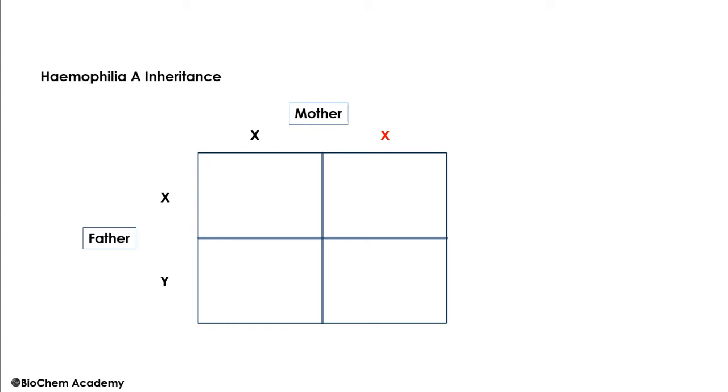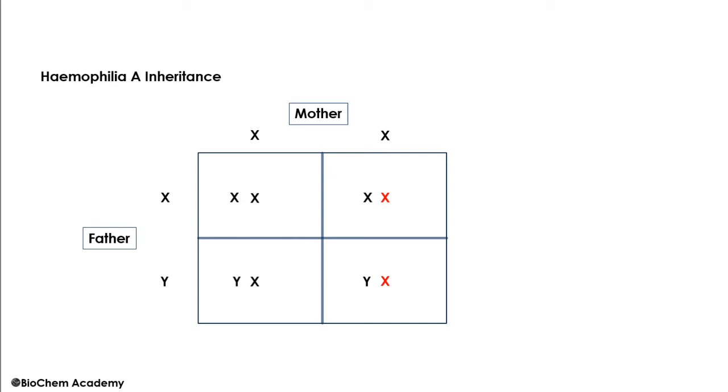So the red X is the gene that is mutated or has the disease-causing variant for hemophilia A. Now once the genes are passed onto the next generation, there will be two offspring or children that have the mutated gene from the mother. And that is demonstrated by passing of this red X onto the offspring.